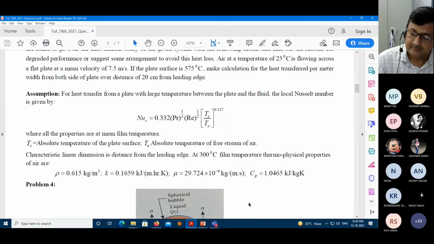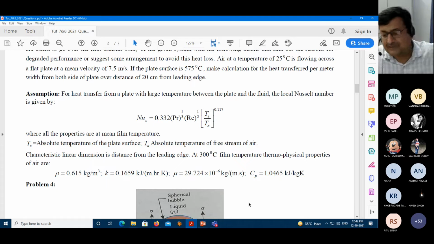How much is coming? Simple, no? 21.168. Not kilowatt. 21,168.4 kilojoule per hour. Yes, it should be something like that because 100 is there and 575 is there. That's what I have to answer here.